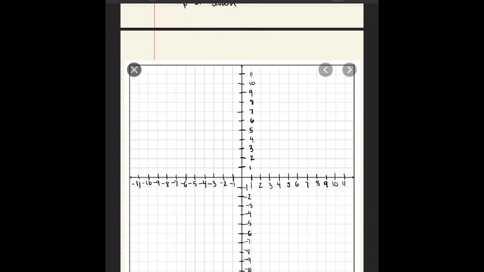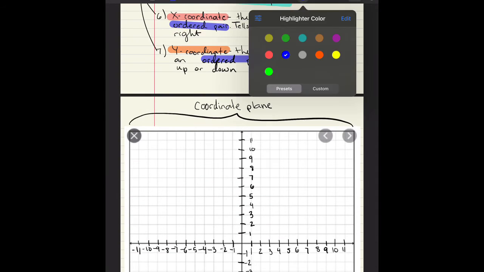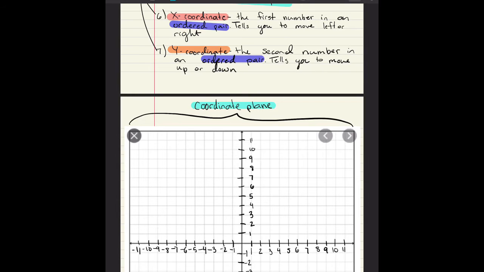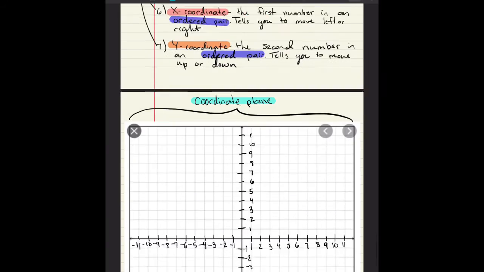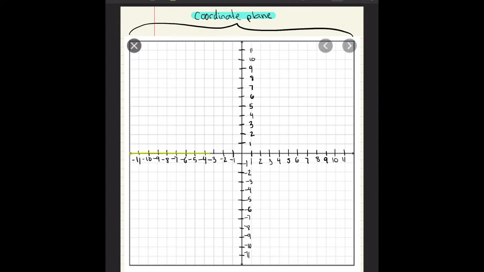So this whole thing is what? It's our coordinate plane, which I believe we highlighted in light blue. And now our x-axis is this horizontal one. This is our x-axis, so I'm going to write an X here.